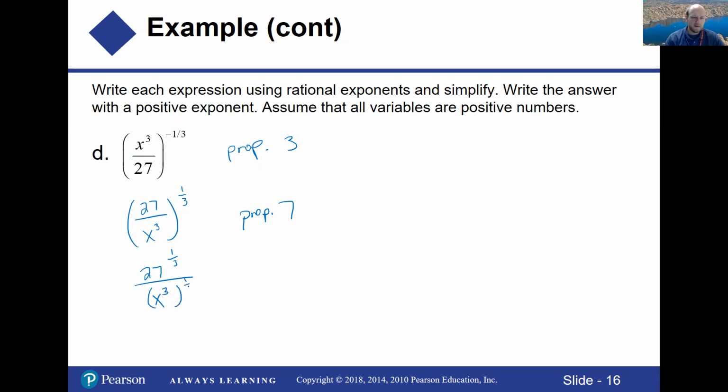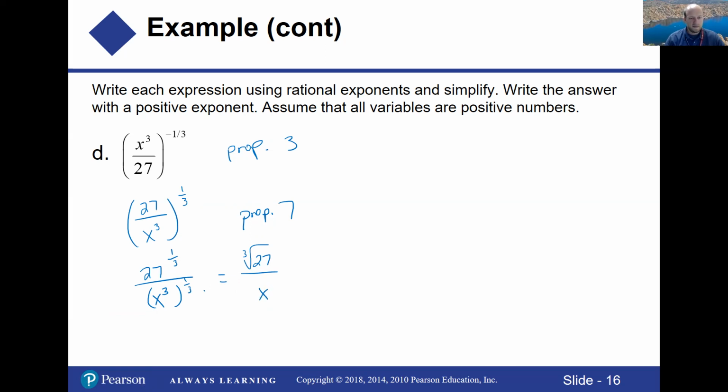Okay. And then now I can simplify. So 27 to the 1/3, again, that's like saying the cube root of 27. And well, let me simplify the denominator here. So x to the 3rd raised to the 1/3, that's just going to be x.